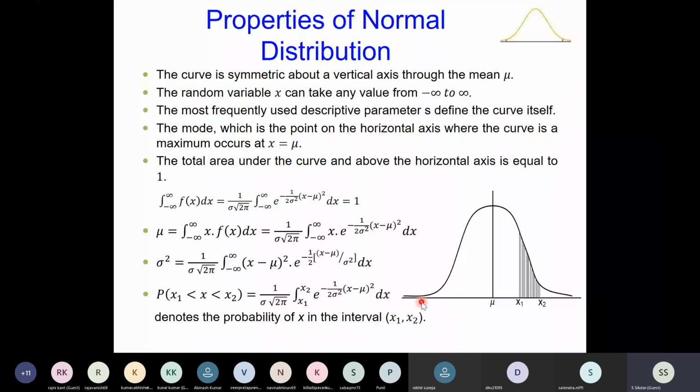It is assumed to meet at minus infinity or plus infinity. That's why the limit is always given as minus infinity to plus infinity, and the integral of f(x) dx over that range is 1. Keep all these things in mind.